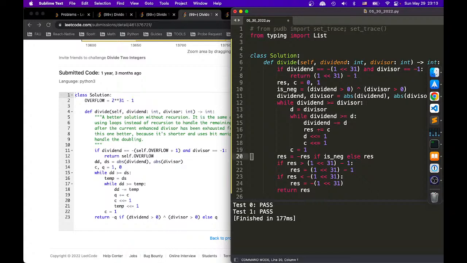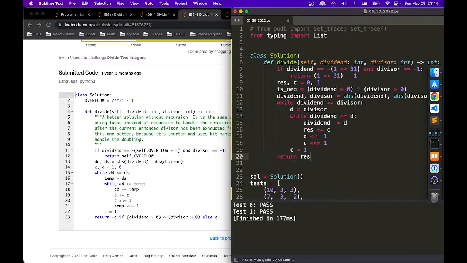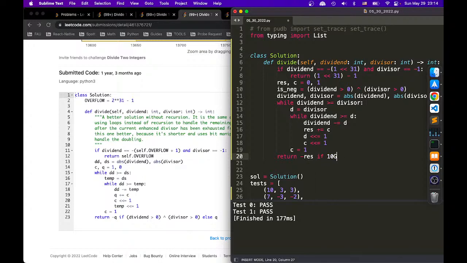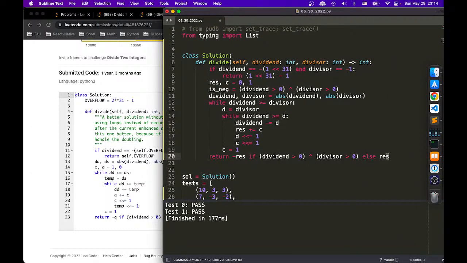We just go directly to this. Yeah, we can just say return res, return minus res. Now we can go here, right? We can go here, and then get this entire thing. If this, else res, and then we don't need this line as well.